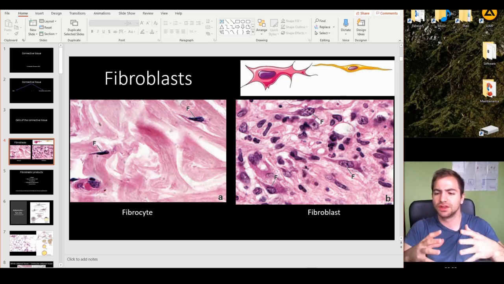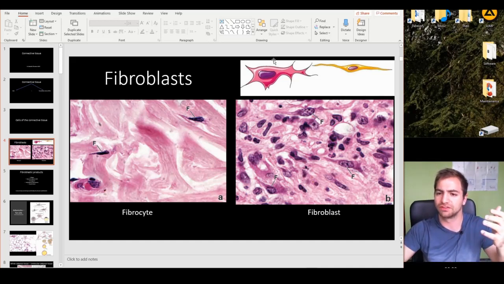Now these cells have two different forms. The highly active form, which is the fibroblastic form, in which case we have a more prominent nucleus and a more widened and more enlarged cytoplasm.